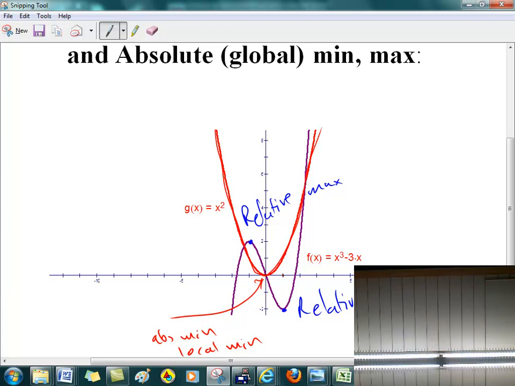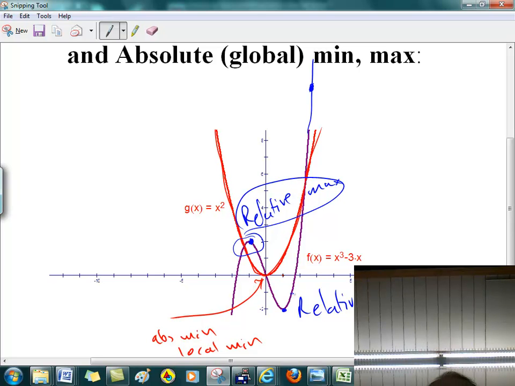Notice that this point here is called relative because there are other y values that are bigger than these, aren't there? See that? If I were to go on my graph here, doesn't that have a bigger y value than this does? That's why this is called relative, because only in its neighborhood is this guy the biggest value. You guys get me on that?